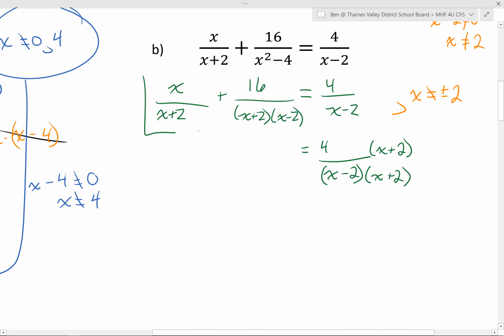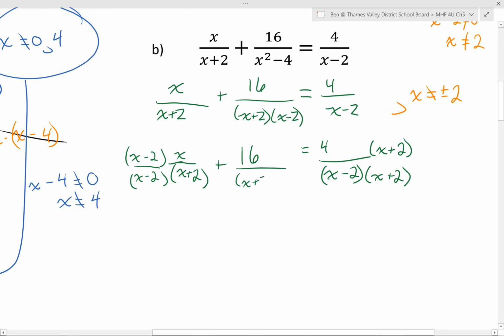I'm multiplying my first term by x minus 2 divided by x minus 2, times x divided by x plus 2. And that's okay without the brackets over the top. Plus 16 divided by, well, this already has the common denominator, so there's no need to multiply anything in here. x plus 2, x minus 2.